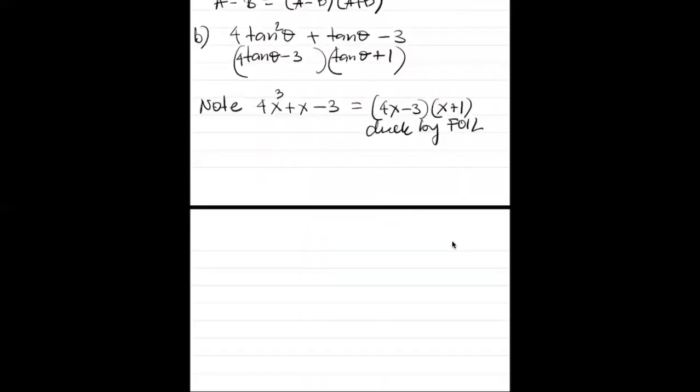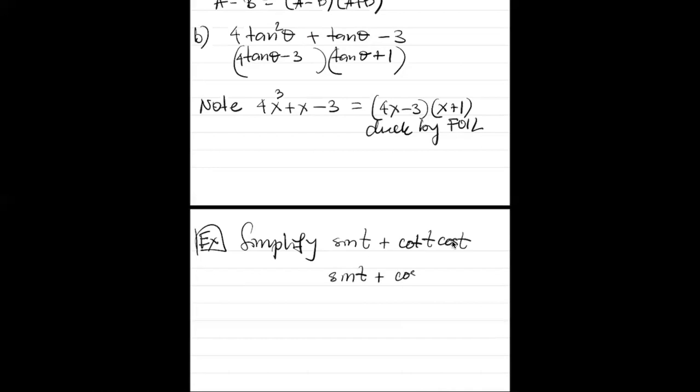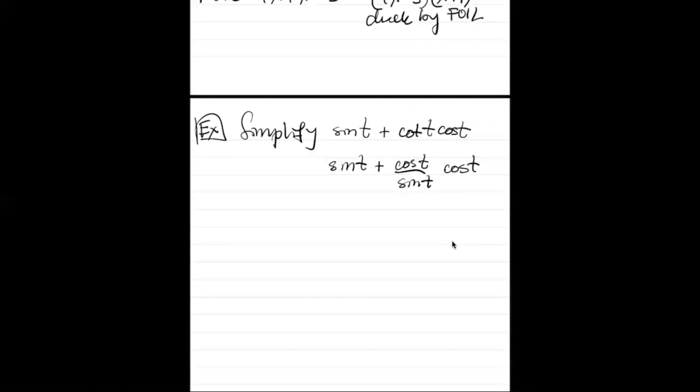We can also add and simplify trig expressions. So for example, if we have to simplify sine of t plus cotangent of t cosine of t. First thing we're going to do is rewrite cotangent as cosine over sine. And then we need the same denominator, which is sine of t.